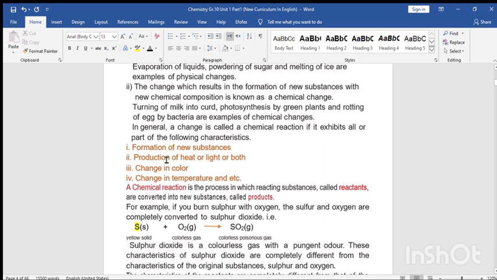This is also a chemical change characteristic. Changing color, yeah, this is also a characteristic. For example, the purple color of potassium permanganate will become colorless if it is reacted with acids. This is because a chemical change is taking place. Its color will disappear.